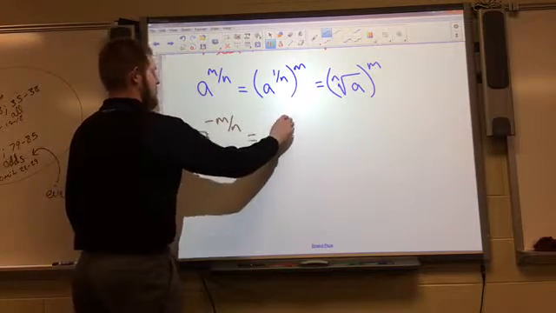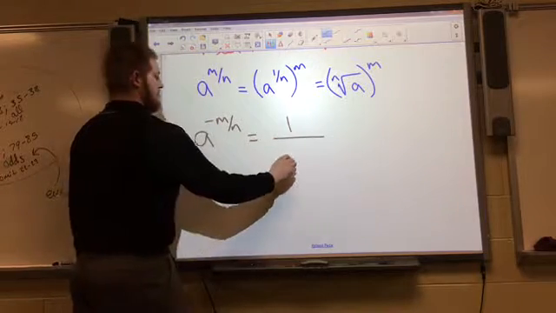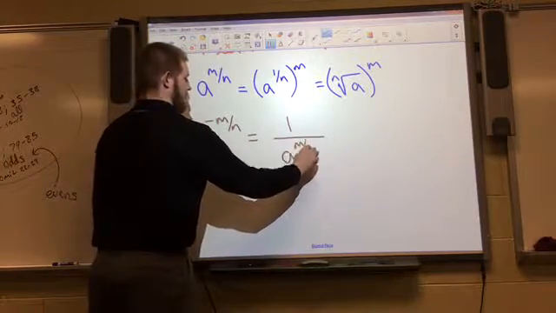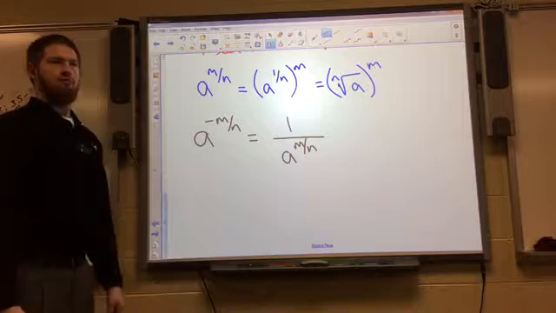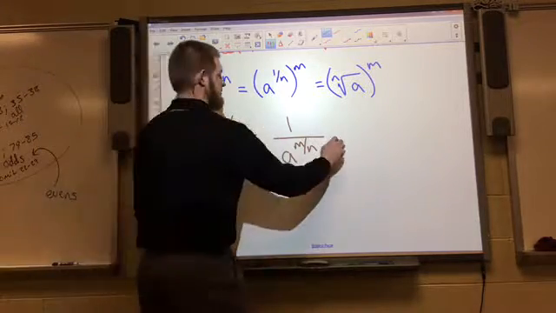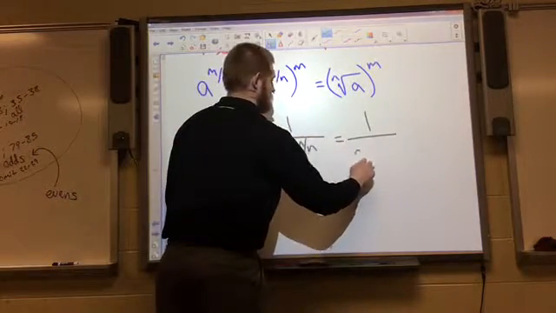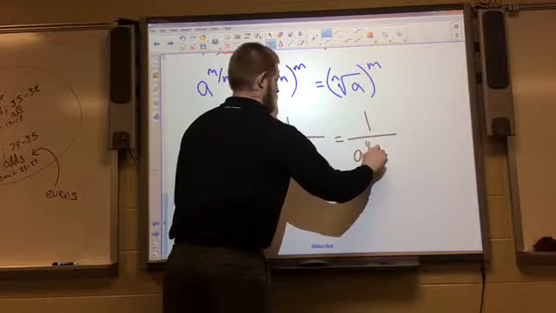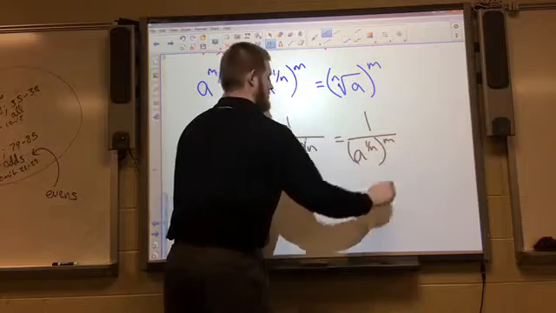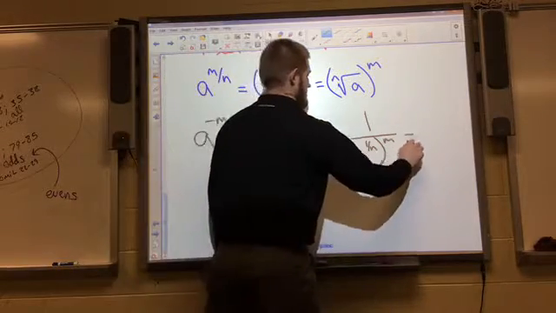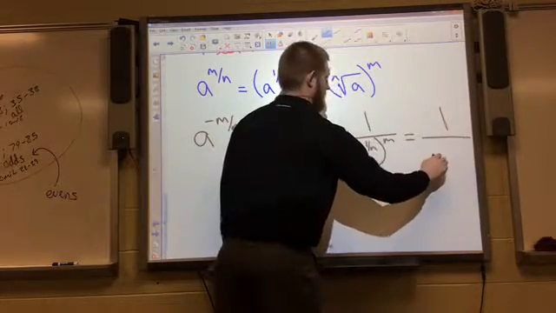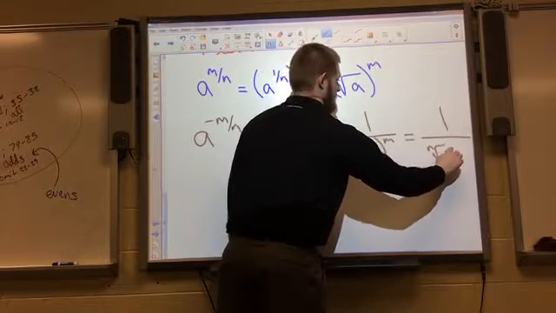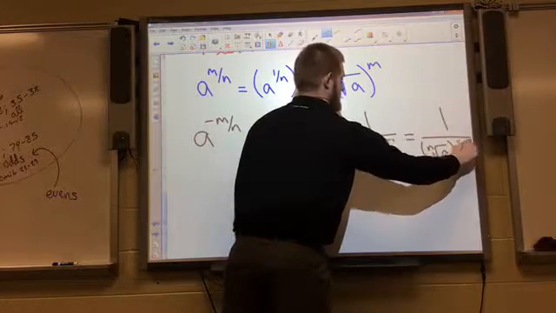So this should be 1 over a to the m over n, correct? And then from there, we just do the same thing. A to the 1 over n, to the m, which then changes to 1 over the nth root of a to the m power.